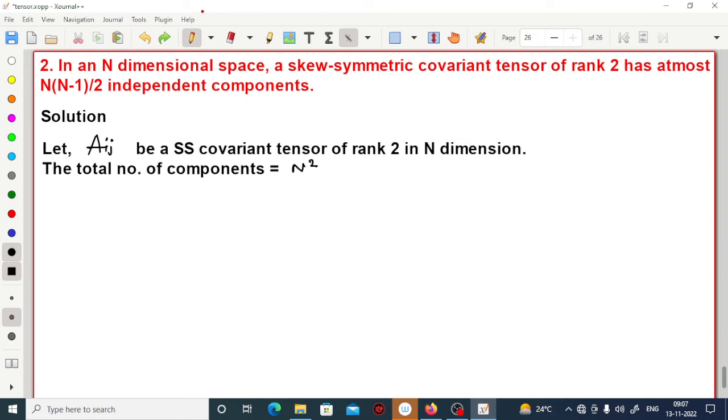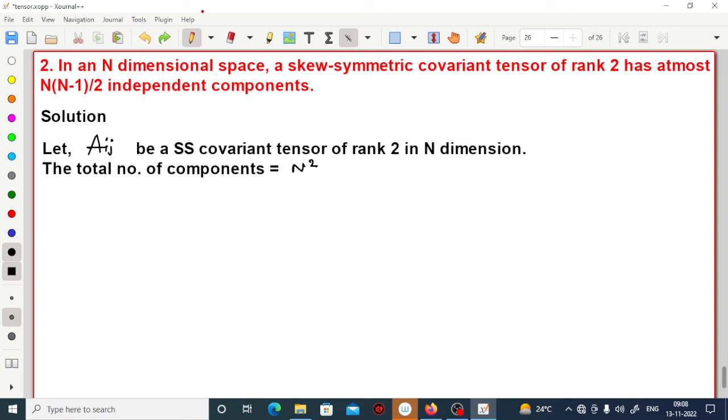A13 and A31 together represent a single component because they are connected by a minus sign. Hence they are not independent. 2 or minus 2 কখনোই independent নয়, right? 2 and 3 are independent because from 2 you cannot get 3. But if you multiply 2 by the negative sign, you get minus 2. So 2 and minus 2 are dependent components.